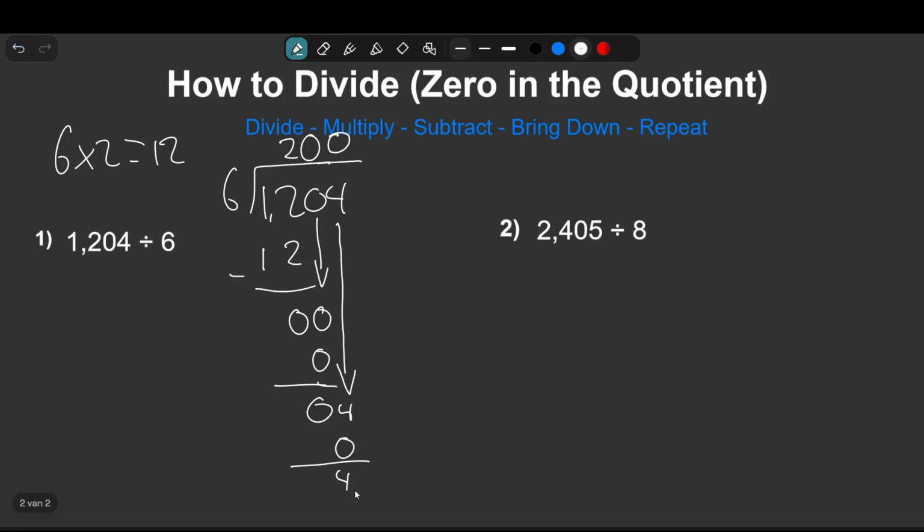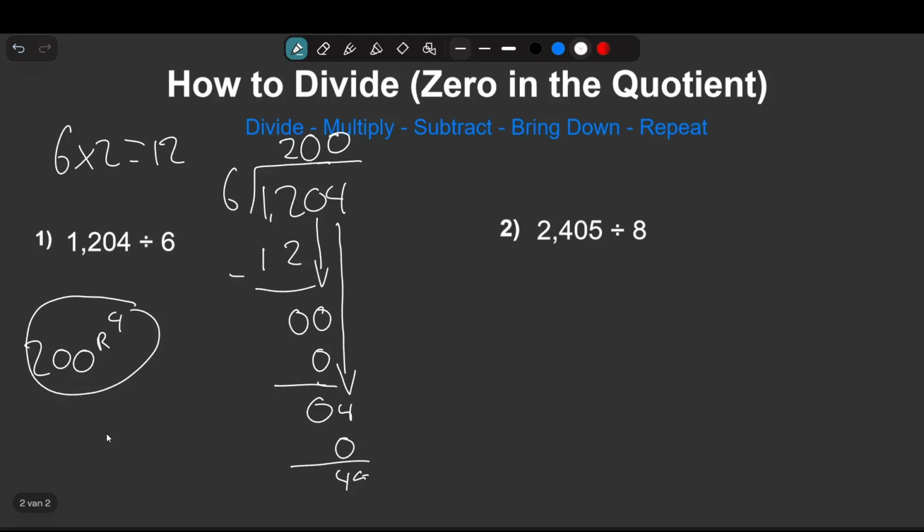This means we can't get to a clean-cut 0, so we're going to have a remainder in our quotient. And 4 will be our remainder. So our answer will be the quotient, what we have here, 200, and then our remainder of 4. So remainder 4. And this will be our final answer of the first example.